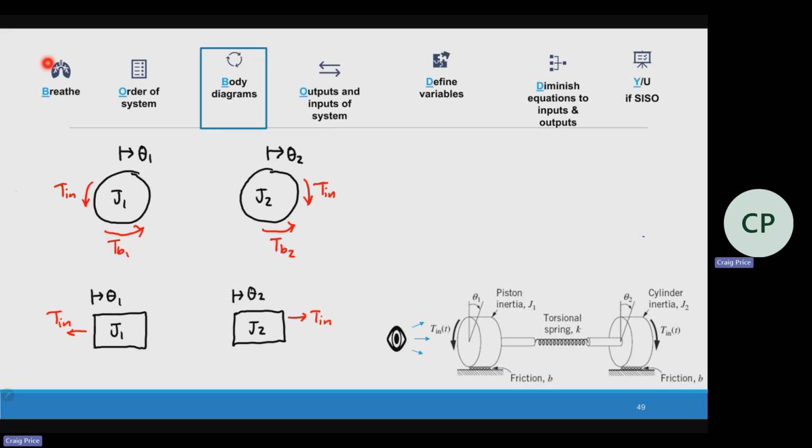Last thing is there's a spring between the two. Which one is greater, theta 1 or theta 2? Because we have two ends that can move. Doesn't matter. So which one did you pick? You know what, let me just put these down here.